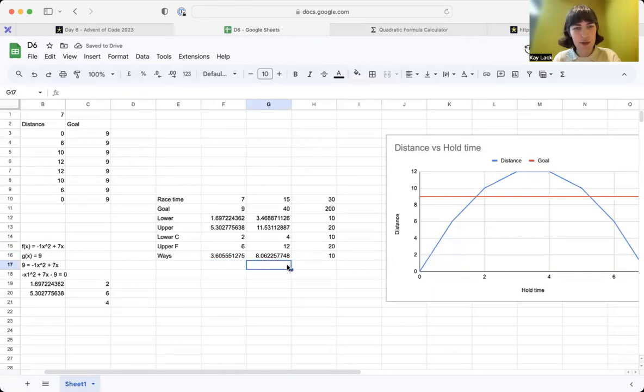My round, should I be rounding this? I've got to count the integers between, right? The whole numbers between this. Let me think about this. The whole numbers between this are 2, 3, 4, 5. That's 4.